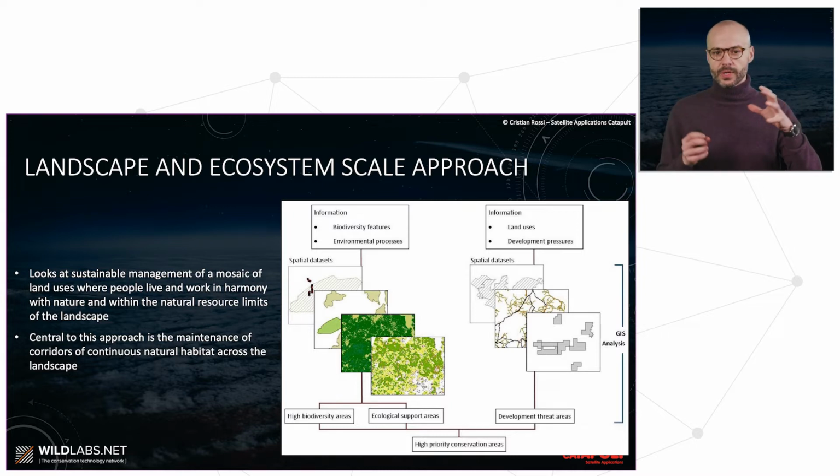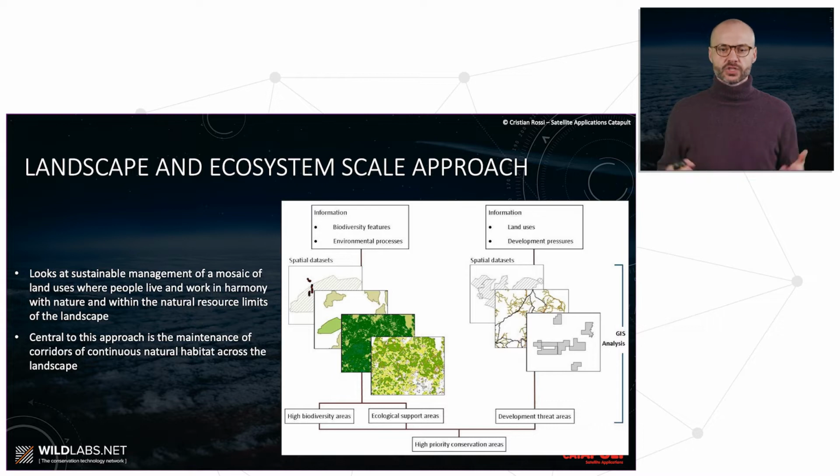What we are looking at is using Earth observation data, and specifically different layers of data, in what is called GIS analysis. I haven't yet mentioned this term: Geographical Information System.